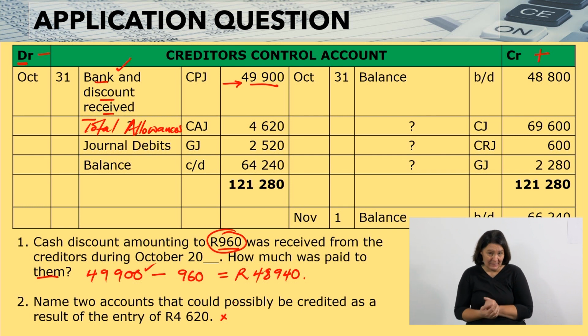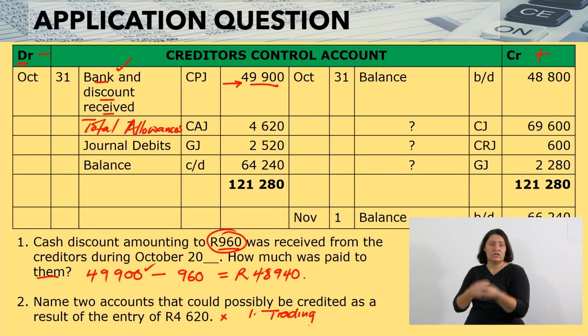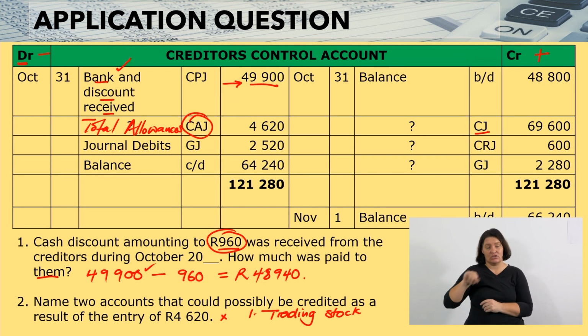The question now wants us to give 2 accounts that could possibly be credited as a result of that entry. The first account is going to be trading stock. We would have bought trading stock on credit, which will be in the CJ. And then if the goods are defective, we then find it in the CAJ. So the first account to be credited will be your trading stock.